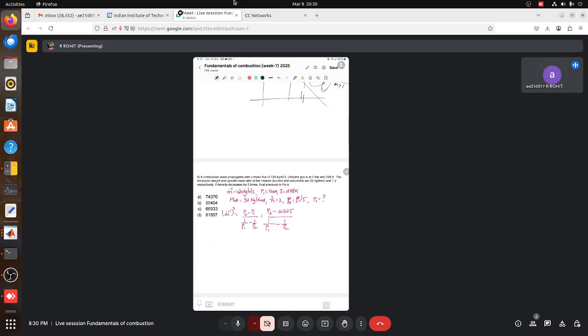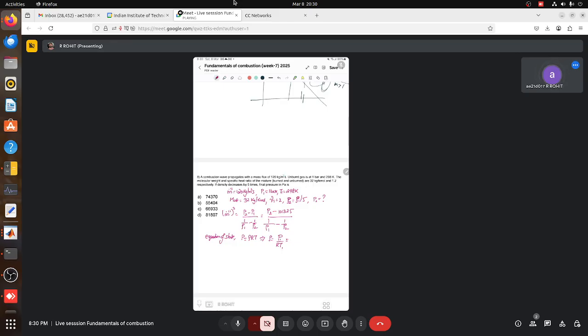Now you need either rho 2 or rho 1, but you know pressure and temperature. So from the equation of state, which is P equal to rho RT, you can get rho is nothing but P by RT.